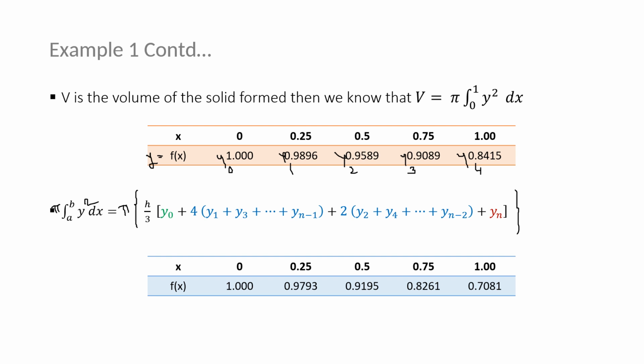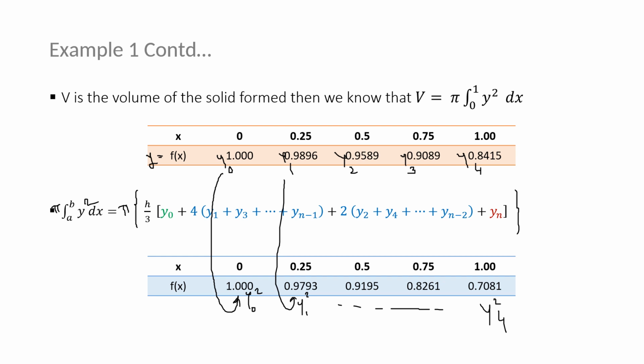So this table at the bottom shows the same data, but the only difference is that values of y are squared in the second row of this table. Okay, so if you look at the first value, this is y0 squared. Similarly, this is y1 squared and so on. So this is y4 squared.